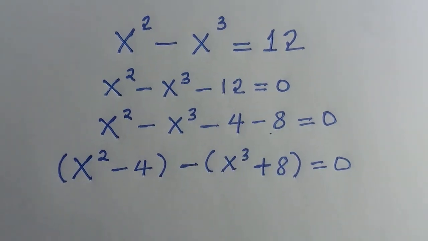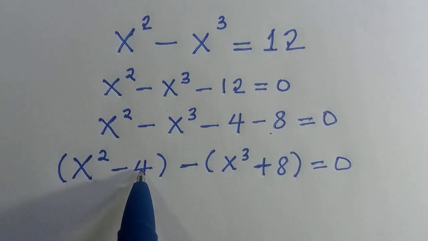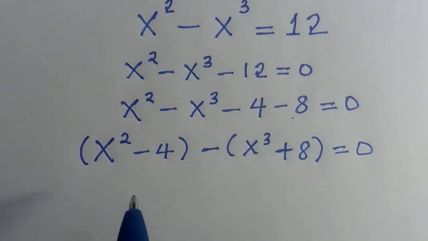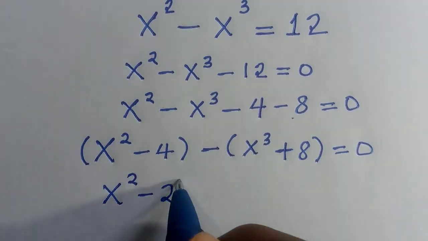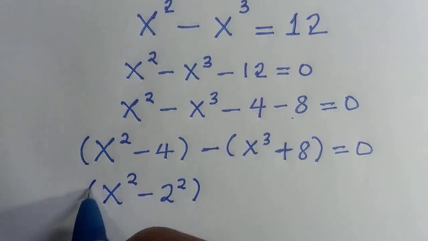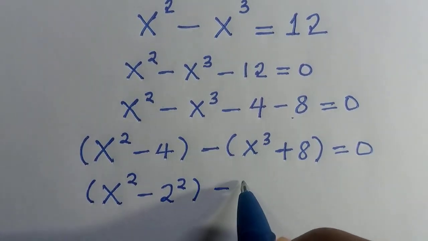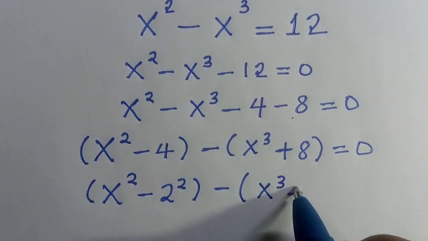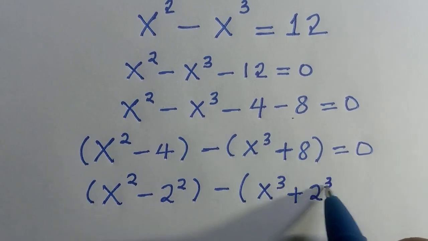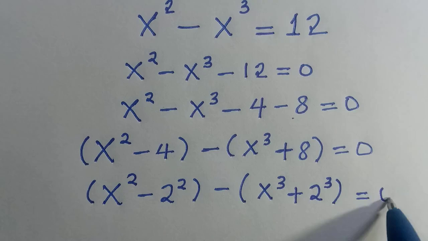Again, we are going to express this in exponent form. And here we have x to the power of 2 minus 2 to the power of 2 in parentheses minus, also we have this as x to the power of 3 plus 2 to the power of 3 equals 0.